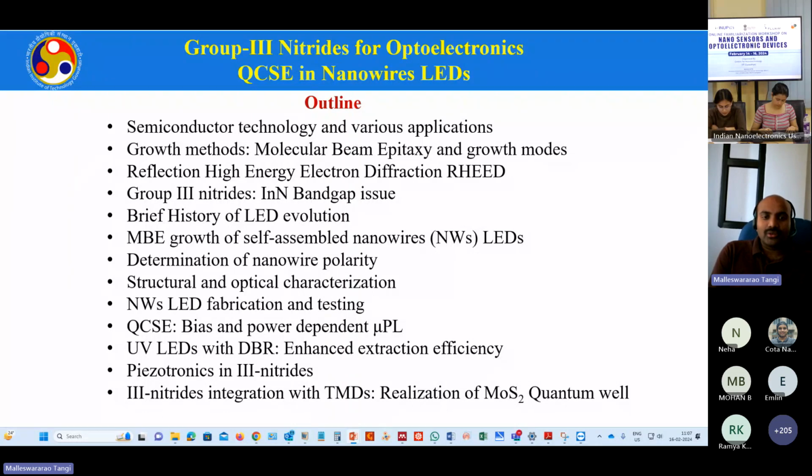Eventually, I will talk about nanowire based light emitting devices and optoelectronic devices, and also discuss visible and UV LEDs and efficiency droop. I will also discuss piezotronics, and finally the integration of 3D bulk and two-dimensional semiconductors for realizing quantum well structures.